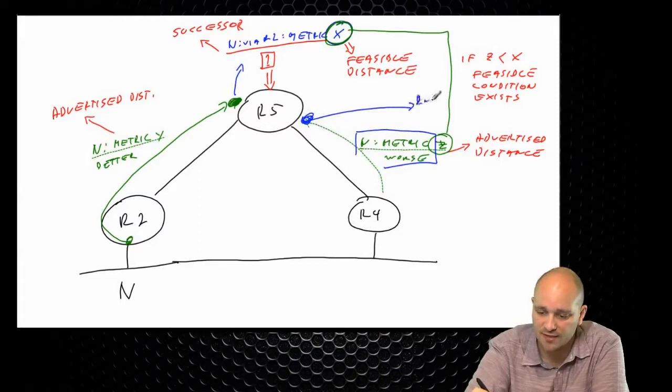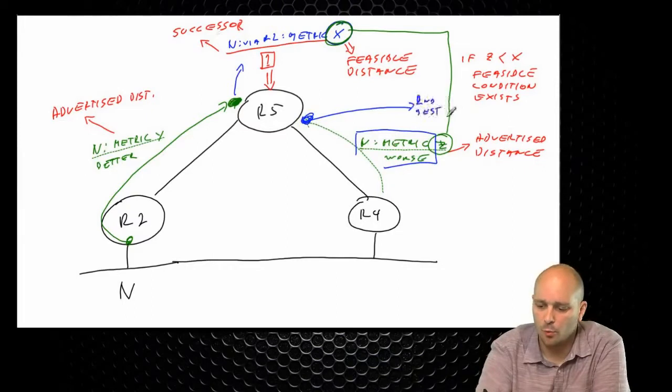So this is the second best route, and it's loop free. We say that this route now is a feasible successor.